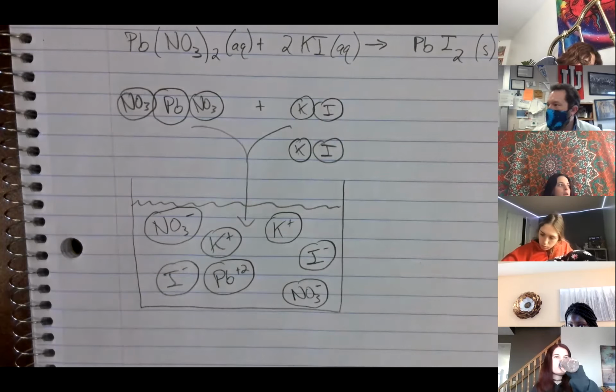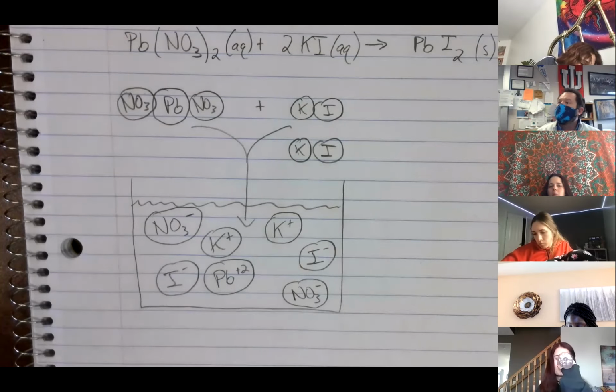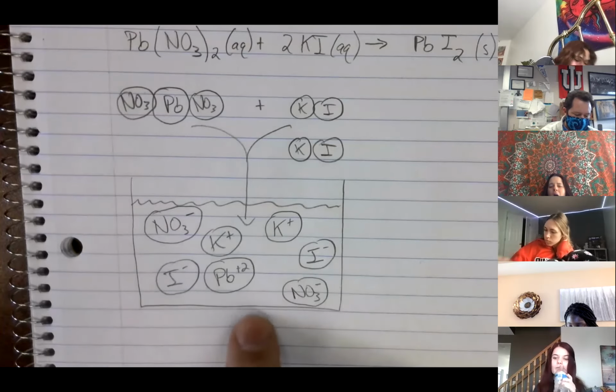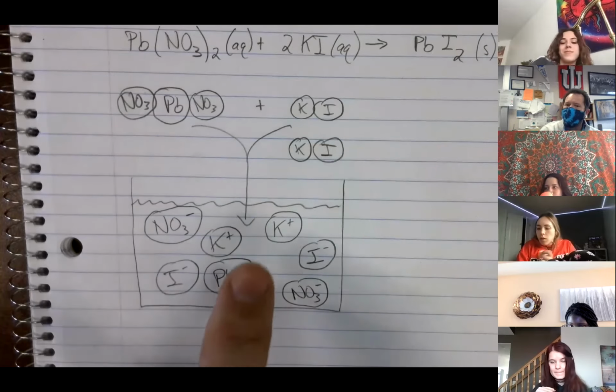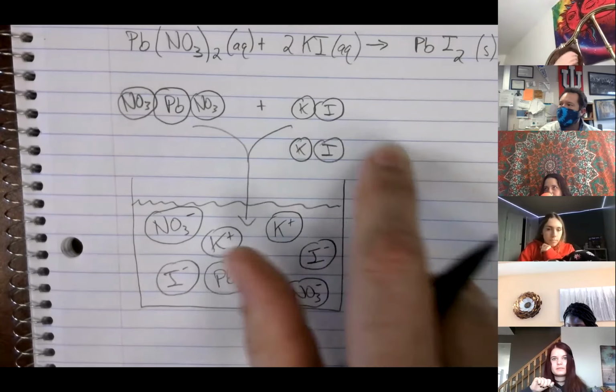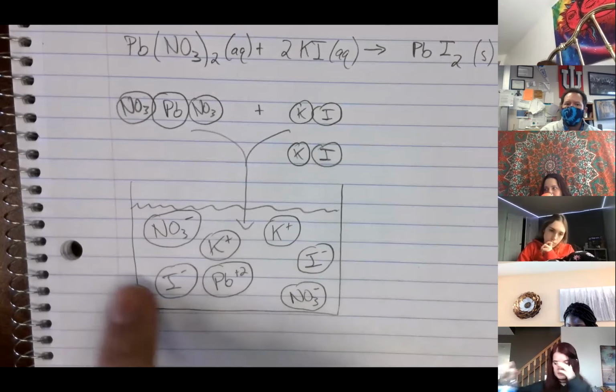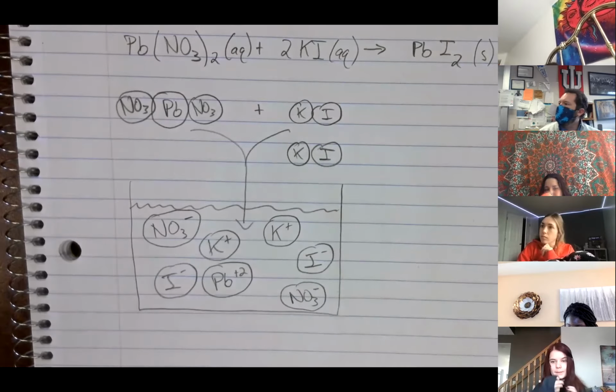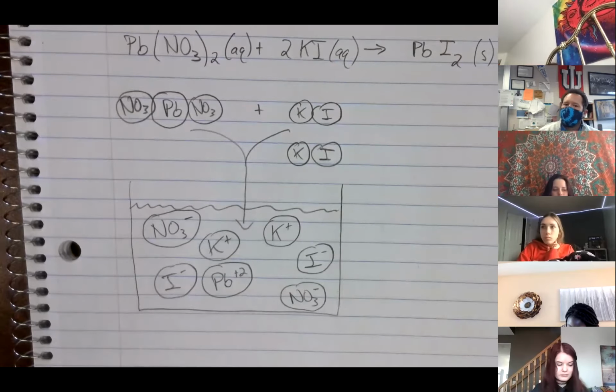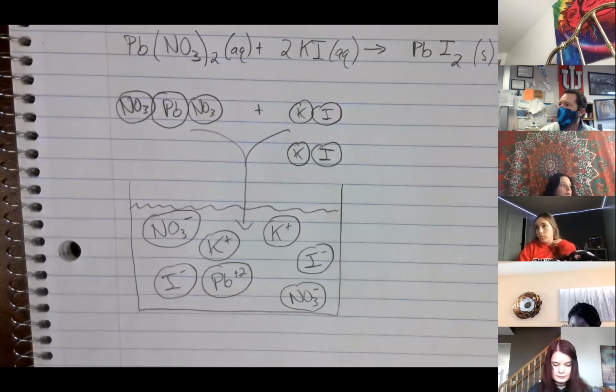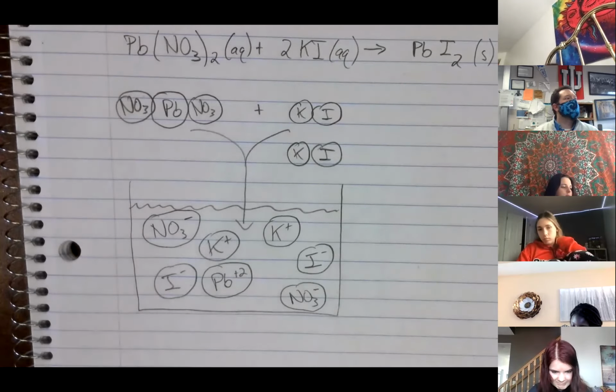When you put table salt, which is sodium chloride, NaCl, into water, the reason you don't see it anymore is because this is what happens. They are white crystals, but they break apart into all these different components. That's why you don't see them in the water anymore.